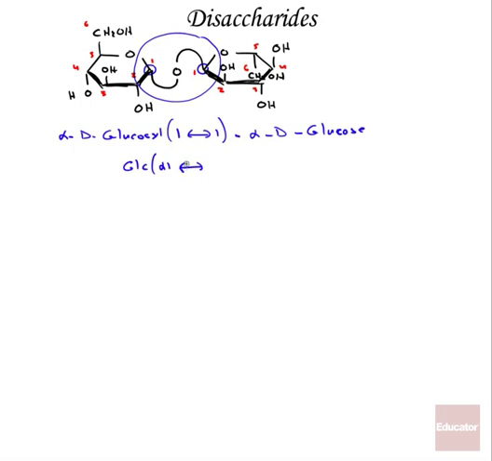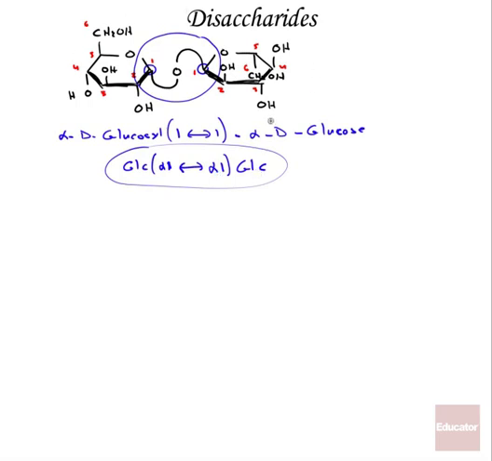That carbon, the number 1 carbon, is an alpha configuration that's involved in the glycosidic bond. The other one is also the number 1 carbon of the second monosaccharide in alpha configuration. That's the other carbon involved in the glycosidic bond. And just go ahead and put that. This is what you want to write. GLC, alpha 1 double arrow, alpha 1 GLC.